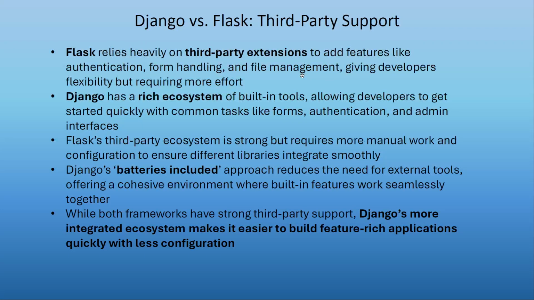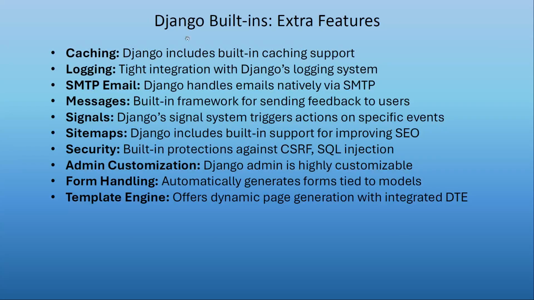If you're wanting to create a dashboard or something that taps into an authentication system, Django already has it set up with an ORM and everything, so your code is going to work consistently across everybody's apps without any kind of errors.